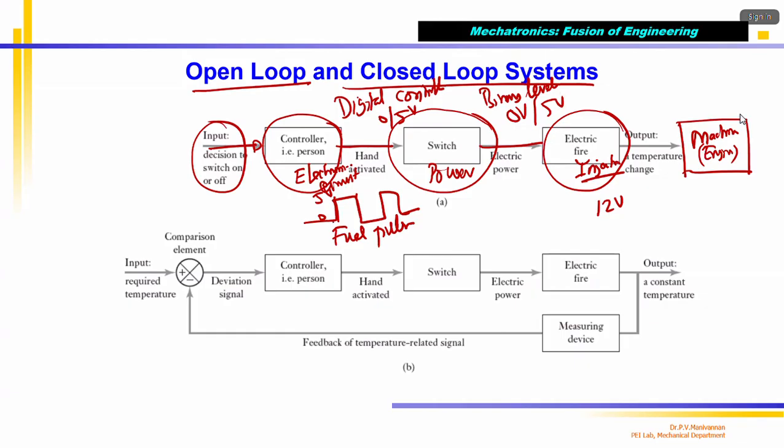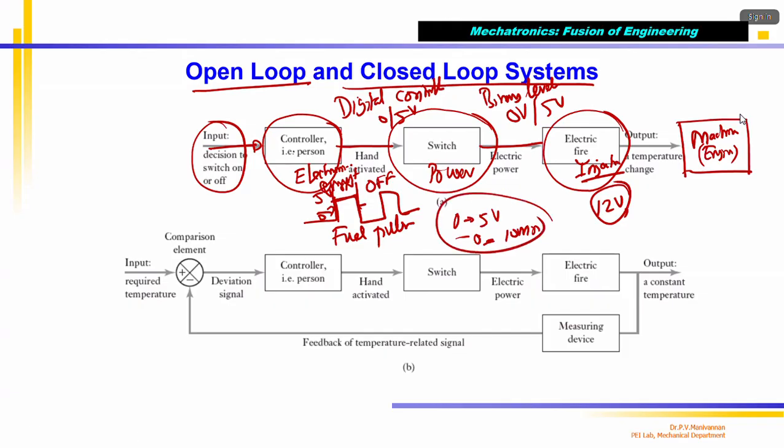For the fuel pulse, you want to open the injector; this is the injector opening period. Correct? This is the off period, this is the on period. The generated pulse will be 0 volts, 5 volts only. If I give that to the injector, it won't work. The current will be 0 or some 10 milliamps only.